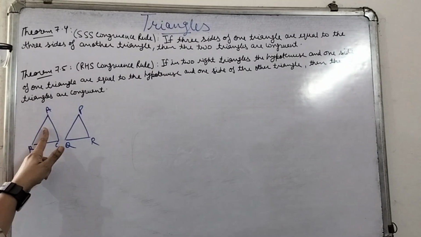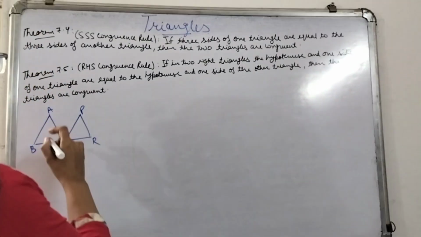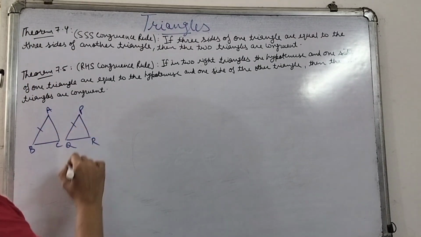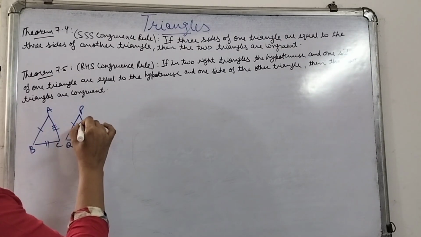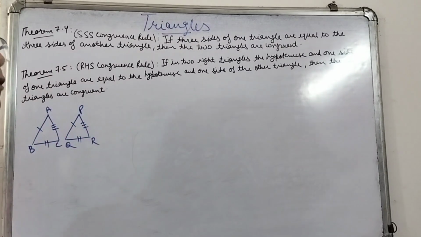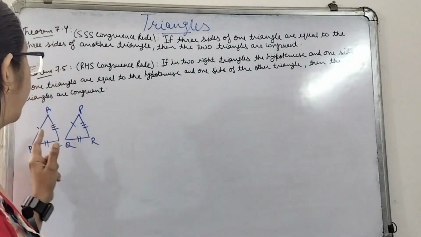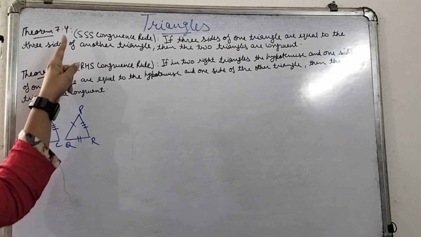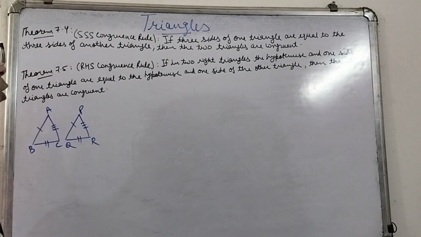And three sides of this triangle are equal to three sides of the other triangle. So AB is equal to PQ, BC is equal to QR, and AC is equal to PR. If this is the case, then the two triangles will be congruent by the SSS rule, that is the side congruency rule. The two triangles will be congruent.